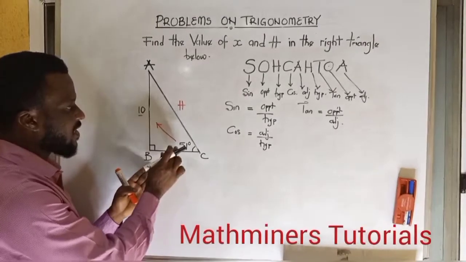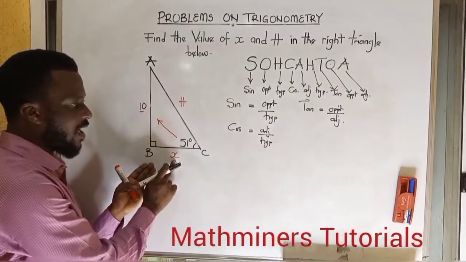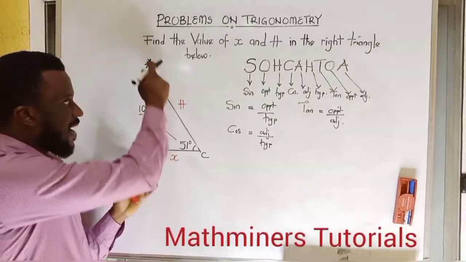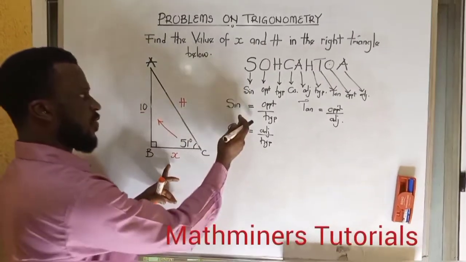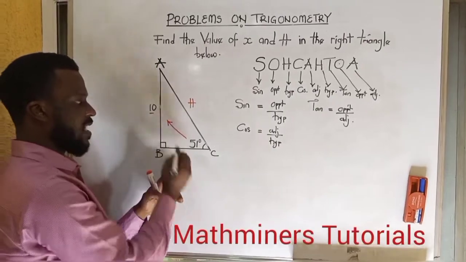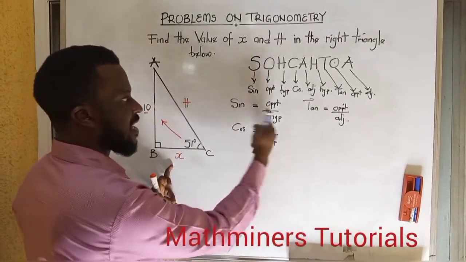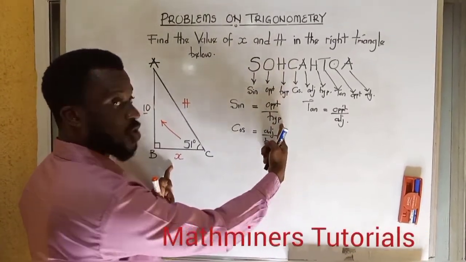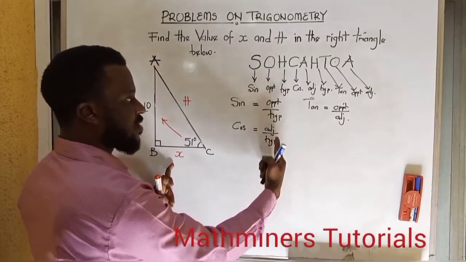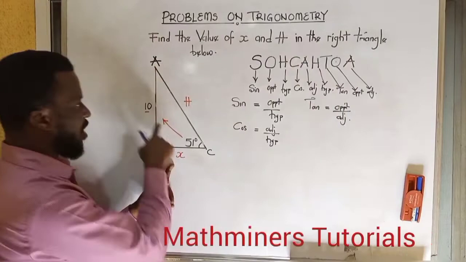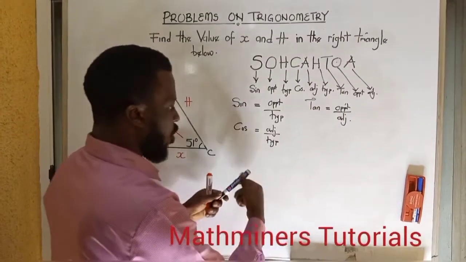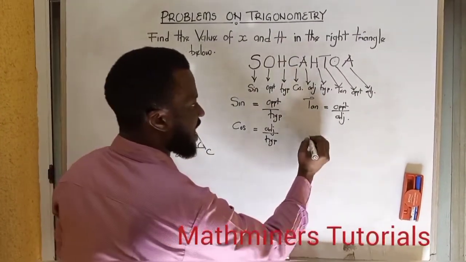So this is opposite over adjacent; remember, the hypotenuse is not involved. Which of the trig functions involve opposite and adjacent? You check sine. Sine is opposite over hypotenuse, no. Cos is adjacent over hypotenuse, no. Tangent is opposite over adjacent, and we are looking for opposite over adjacent. So we apply the trig function tangent.